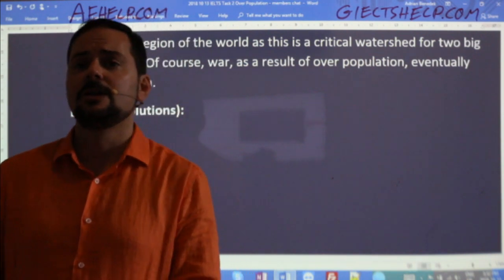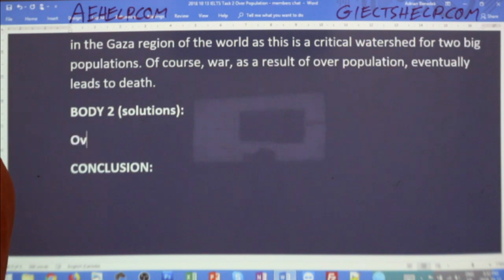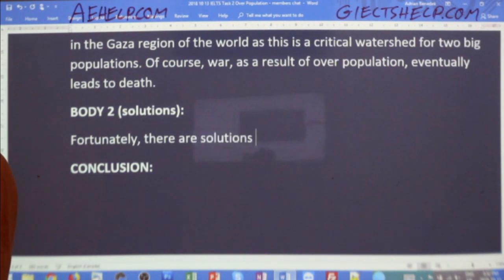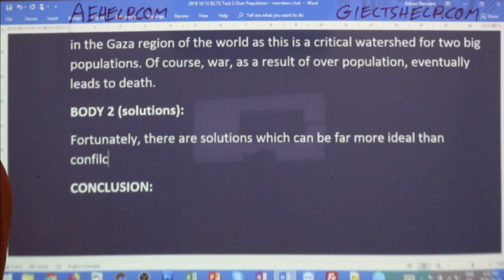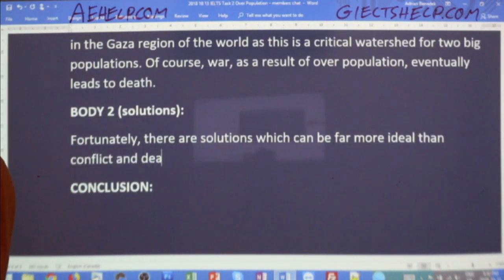Not an ideal solution, but it is a solution, of course. So, fortunately, there are solutions which can be far more ideal than conflict and death for too many people inhabiting Earth.